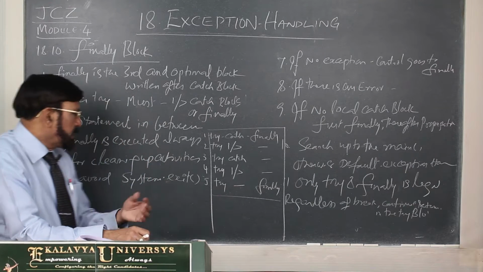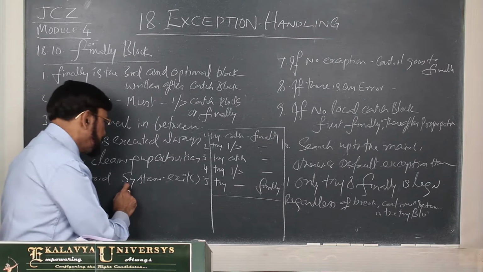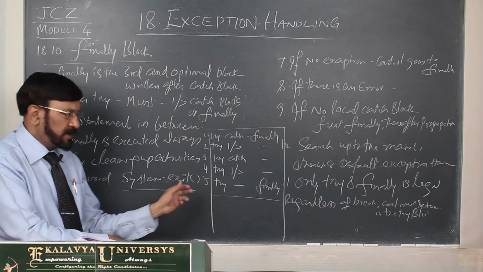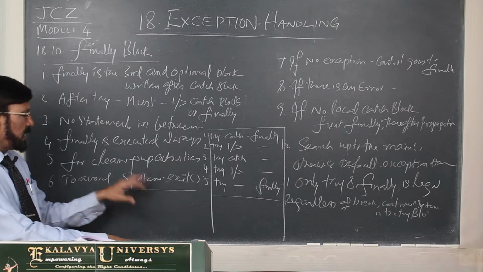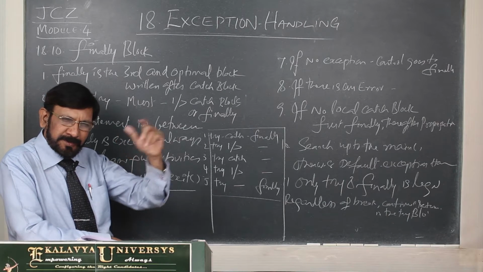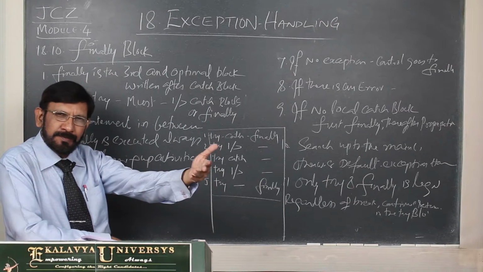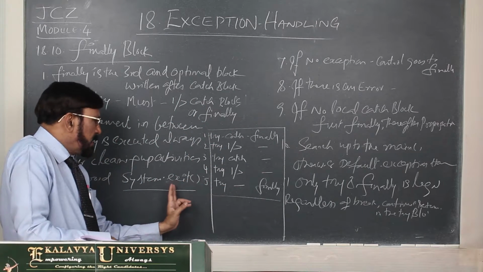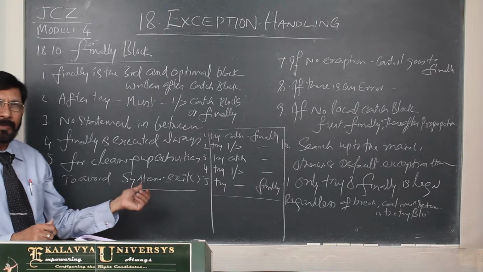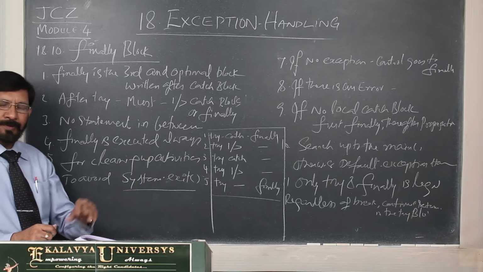That is writing the System.exit method. This is a static method of the System class. Already I told you, System represents the hardware, our system. That class is also available in the java.lang package. The exit method is there.